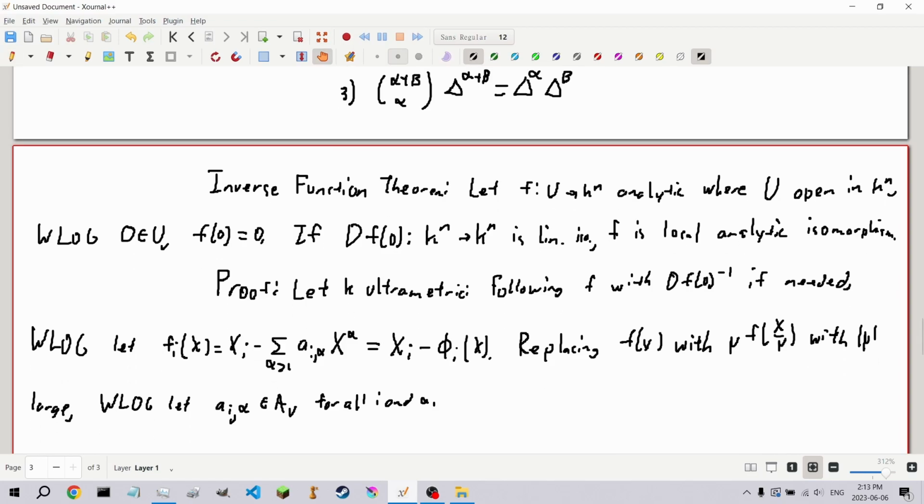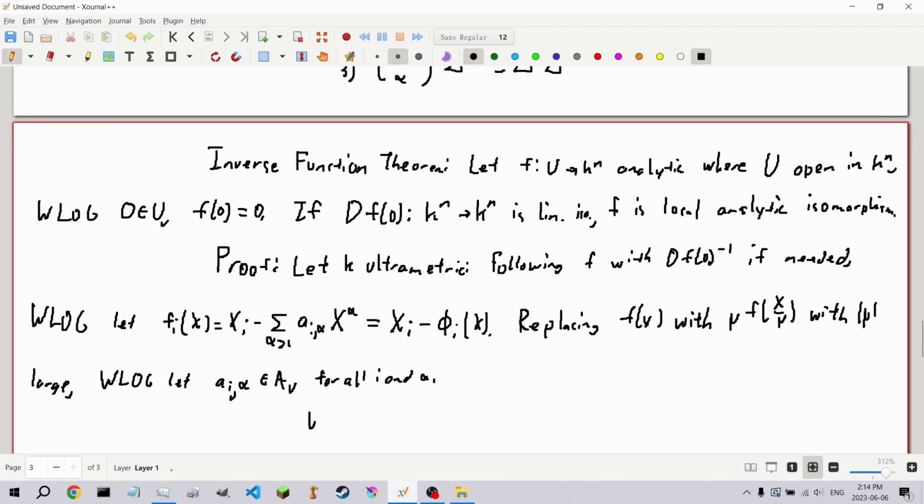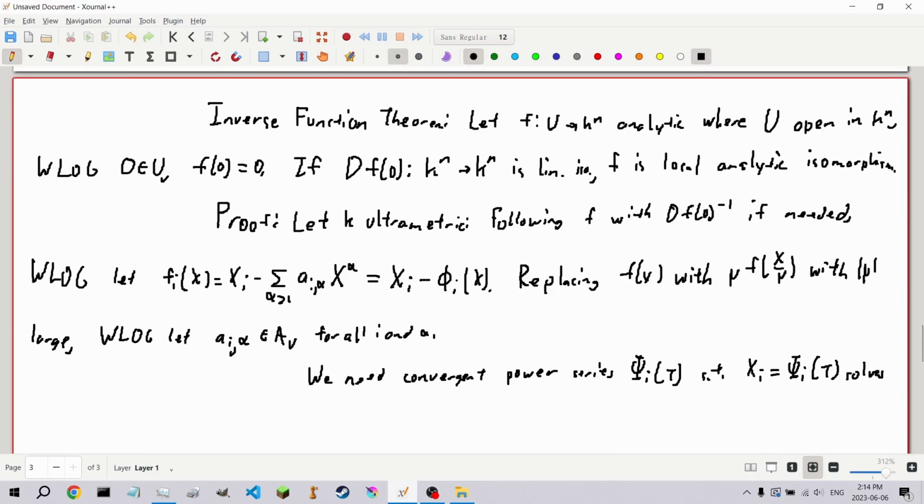Now, to invert f, we need a convergent power series. We're going to call it capital Phi i of t such that xi equaling Phi i of t solves the equation ti equaling xi minus phi i of x, as we saw from above.